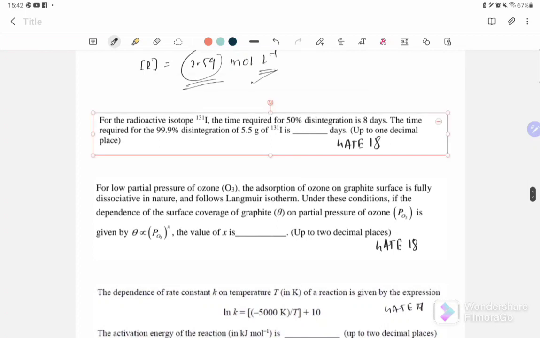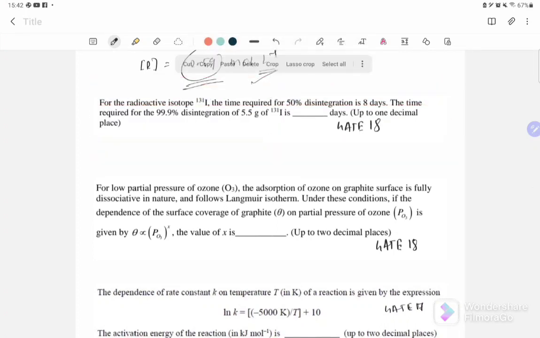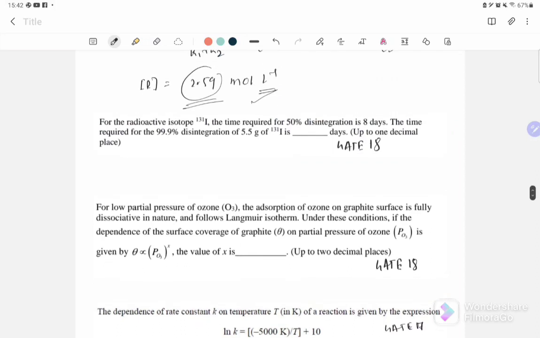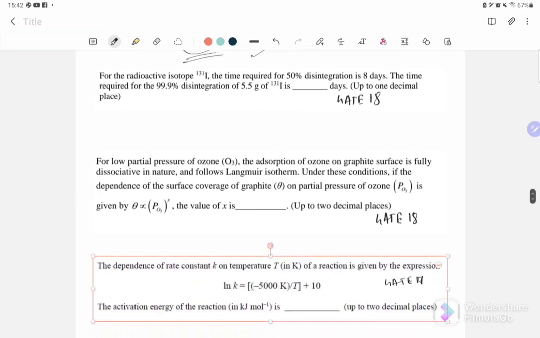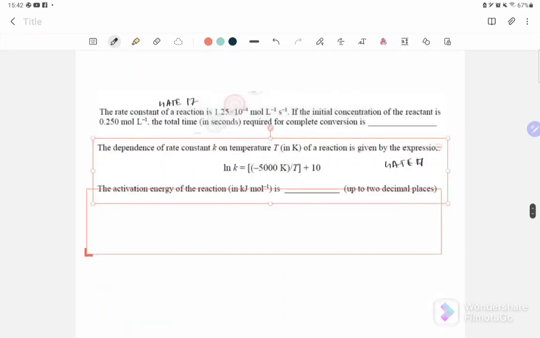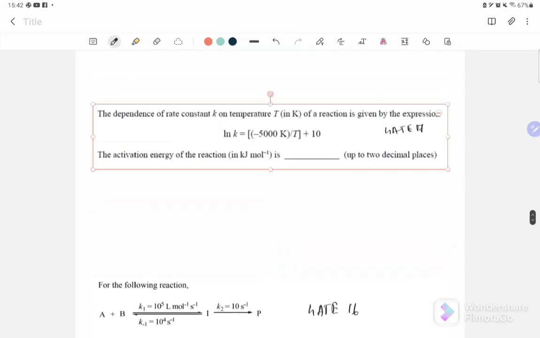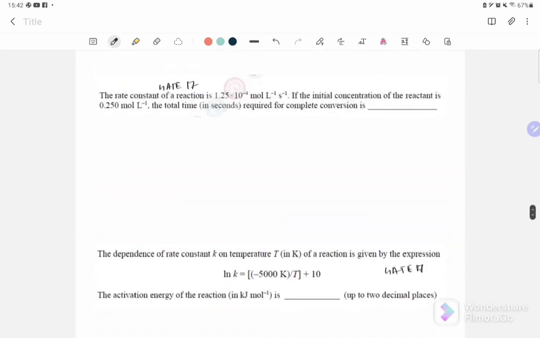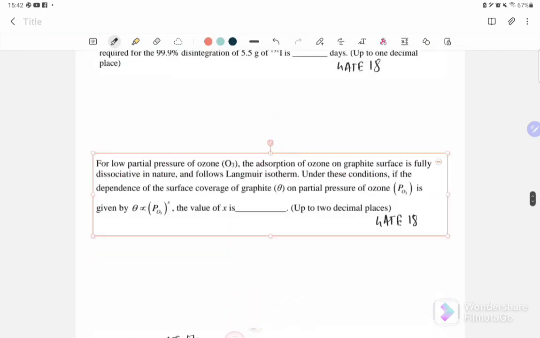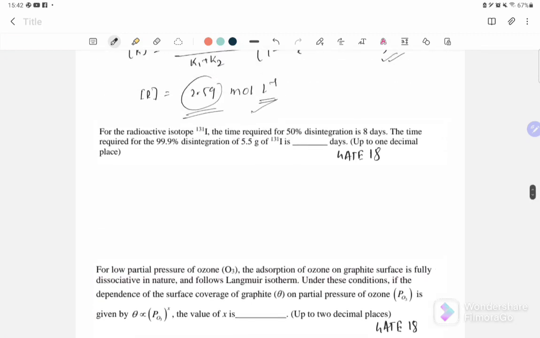So our next question that came in 2018. What is the question?